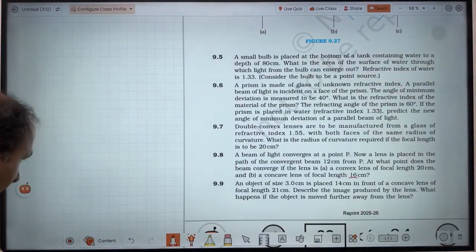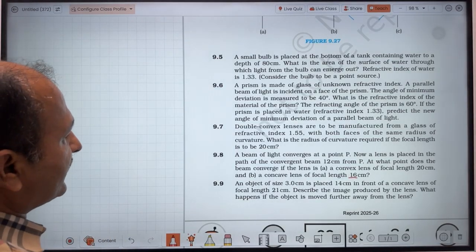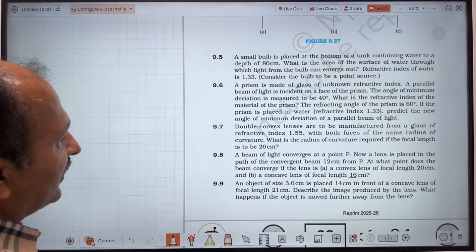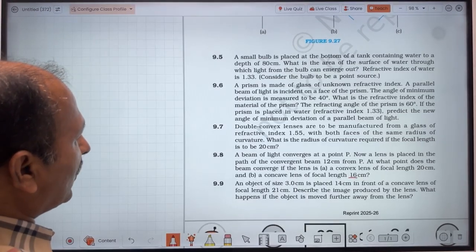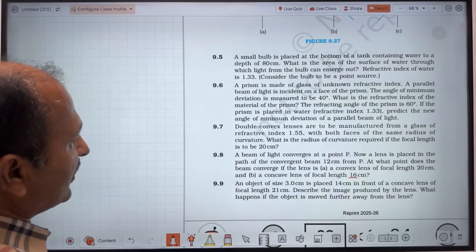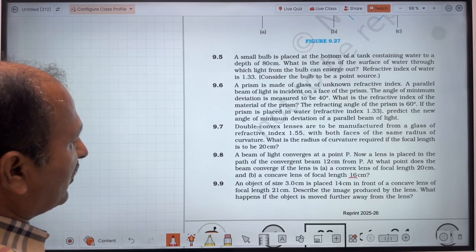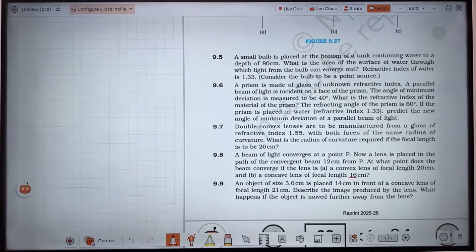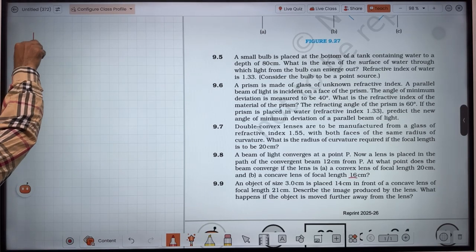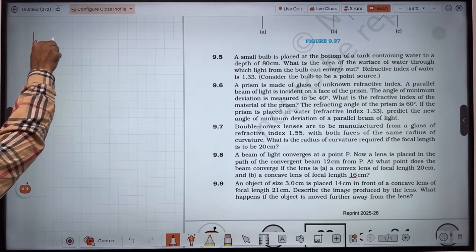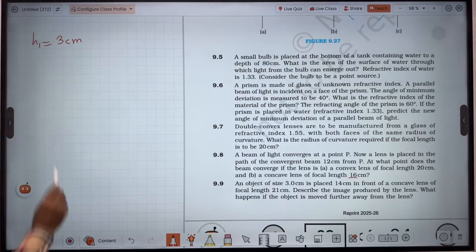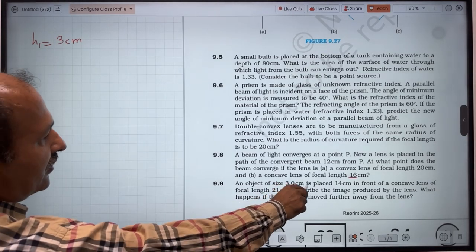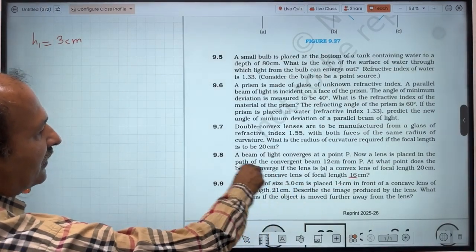The next question says, an object of size 3 centimeters is placed 14 centimeter in front of a concave lens of focal length 21 centimeter. Describe the image produced by the lens. What happens if the object is moved further away from the lens? So, the case is simple. Here h1, the size of the object, is given as 3 centimeter and 14 centimeter in front of the concave lens.